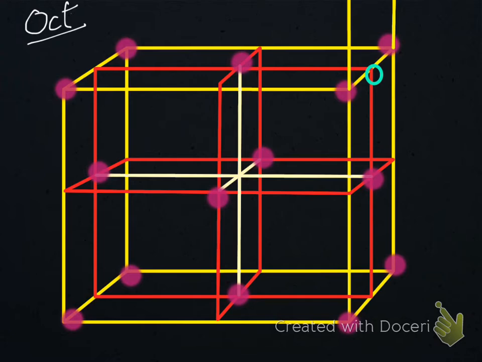You can see a particle here, that is 1. You can see a particle here, that is 2, 3, and here 4. Now you have 2 more particles.